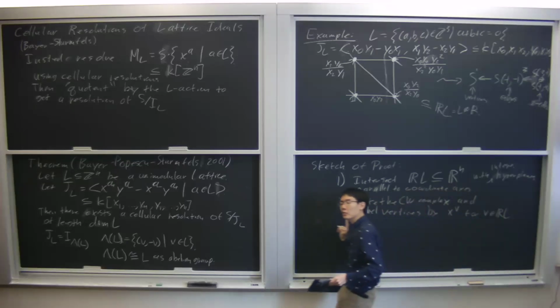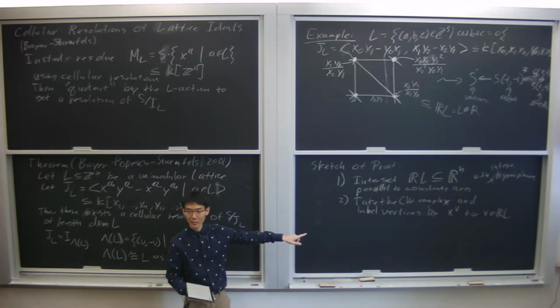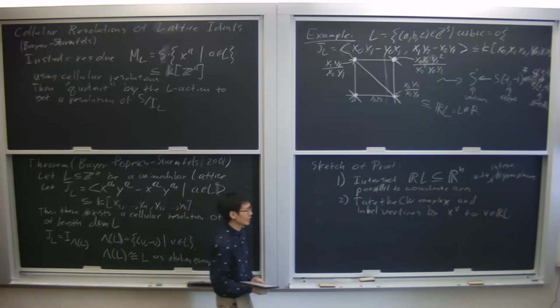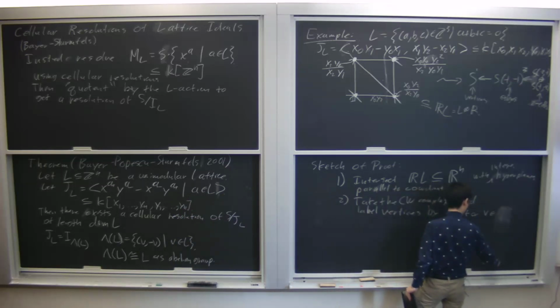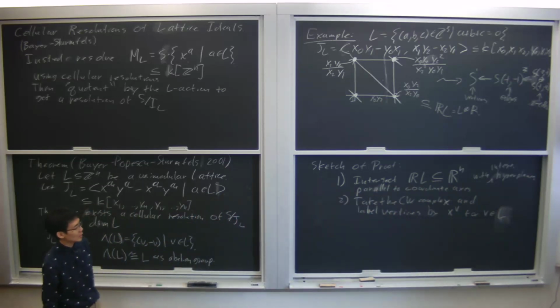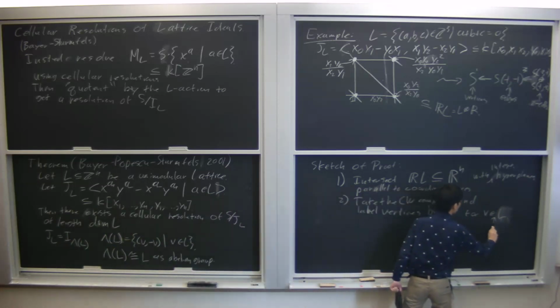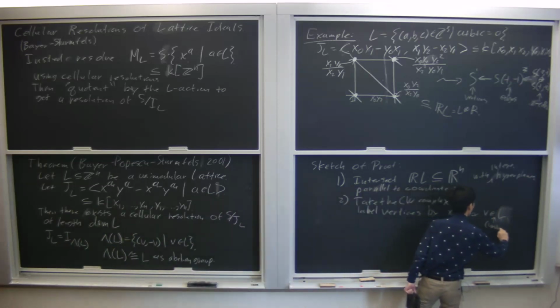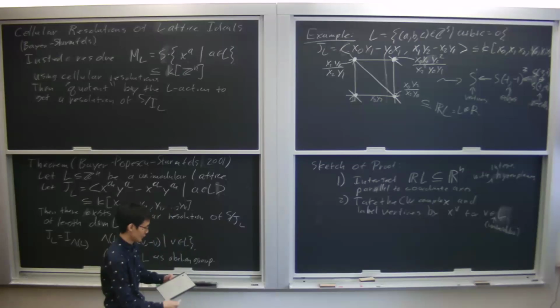But the point here is what will always happen is that the only vertices you'll get are lattice points. These will actually always be in L. And this step here is where unimodularity comes in. That's why you need unimodular, just for that point.